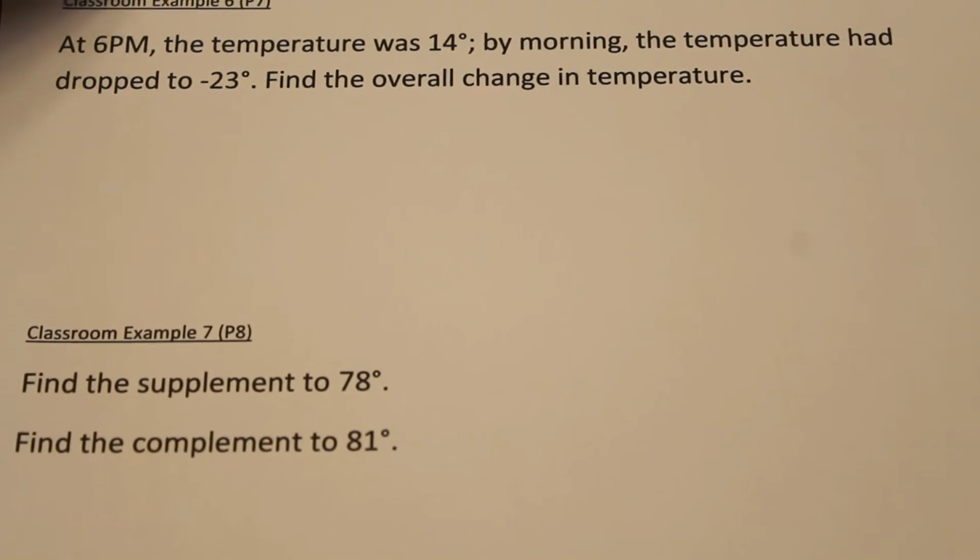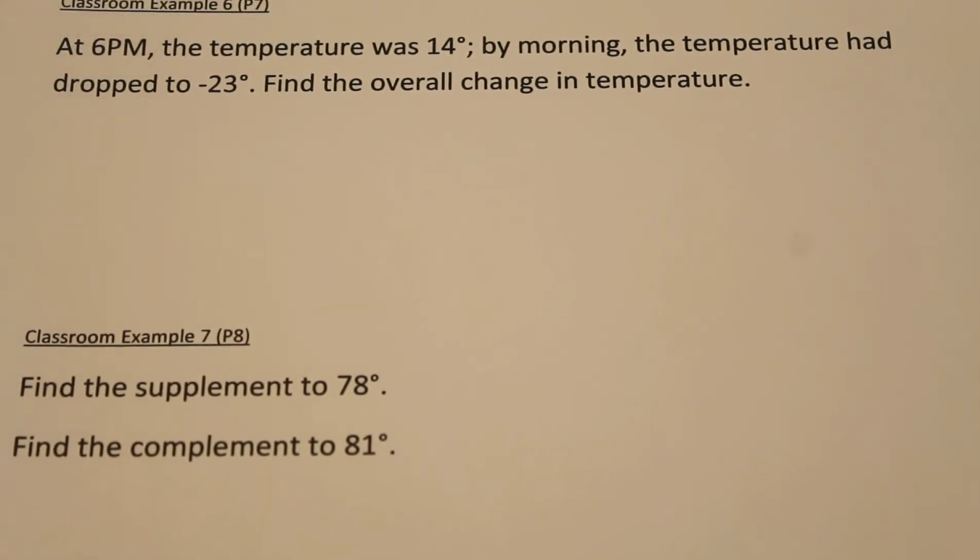All right, let's look at classroom example 6. Here's a word problem or an application. At 6 p.m., so at night, the temperature was positive 14. But by the morning, the temperature had dropped to -23.